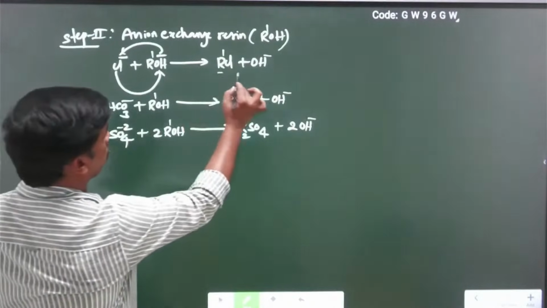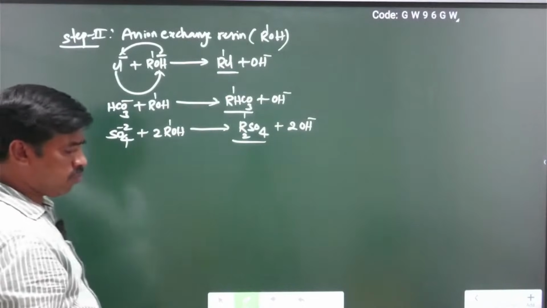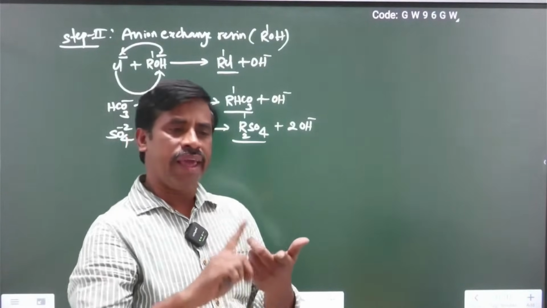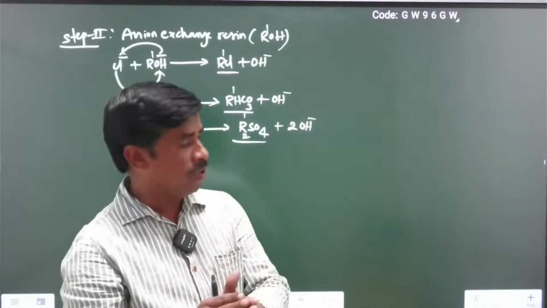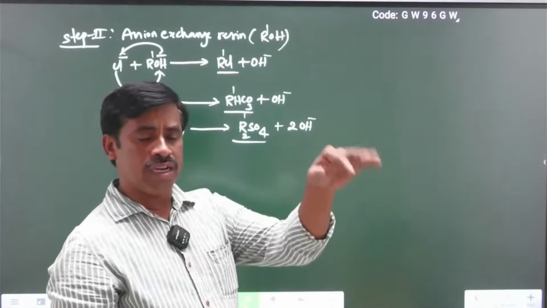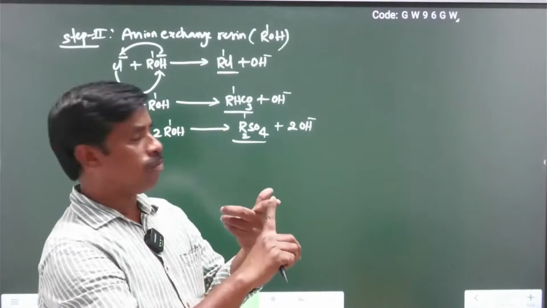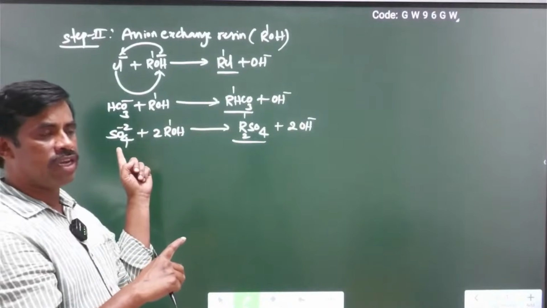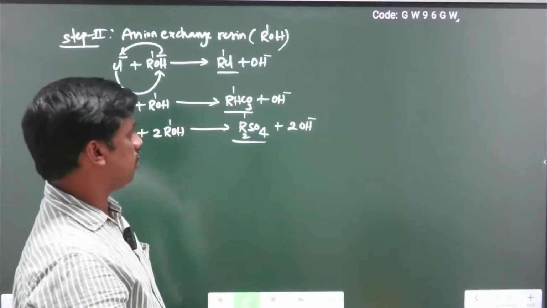All these compounds are stopped on the resin bed of the anionic exchanging resin. The concluding point: the cationic exchanging resin exchanges only cations like calcium plus 2 and magnesium plus 2. Then the water enters the next tank, where anions like Cl minus, HCO3 minus, SO4 2 minus are exchanged on the surface bed of the anionic exchange resin.